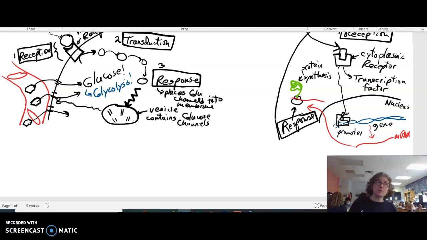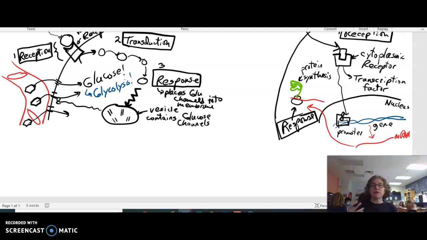And this protein, it just depends on what kind of cell this is in. Testosterone is a hormone that has many different target cells that might respond differently to the testosterone based on the needs of the cell. So it's a hormone that promotes the secondary sexual characteristics in boys during puberty, for one example.